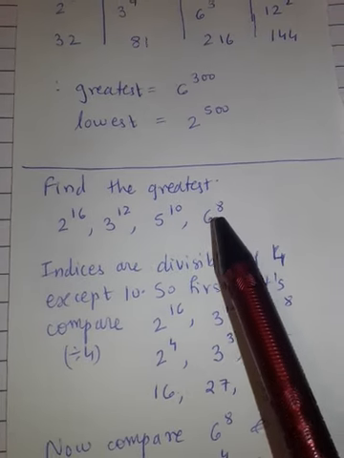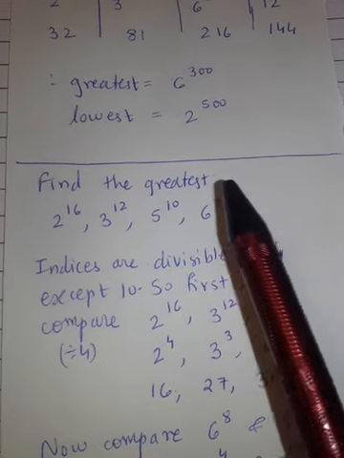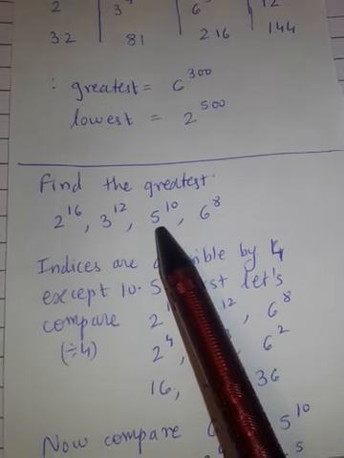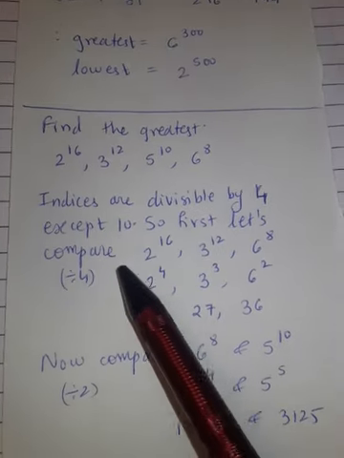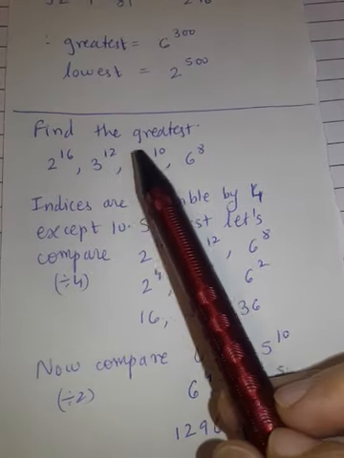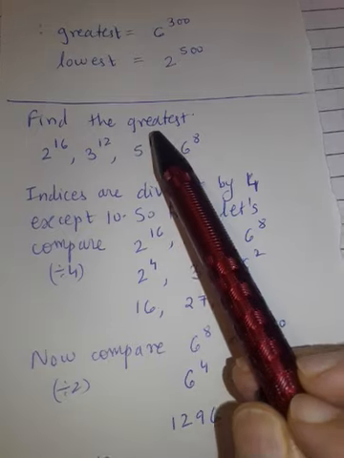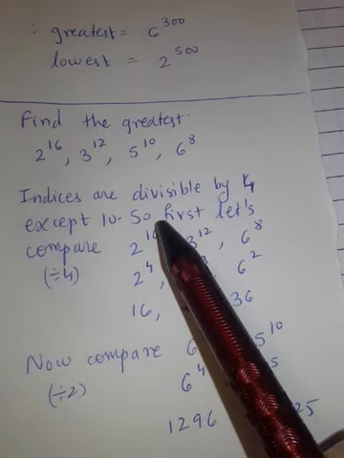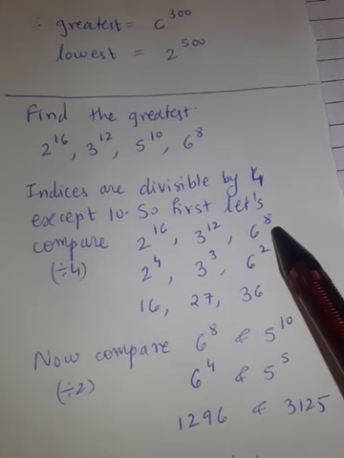First I will find the greatest among them, and then I will compare that number with 5 raised to 10, and then I will come to know which one is the greatest. So 16, 12 and 8 are divisible by 4 except this 10, and hence first let us compare these three.